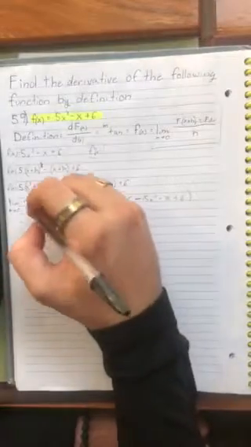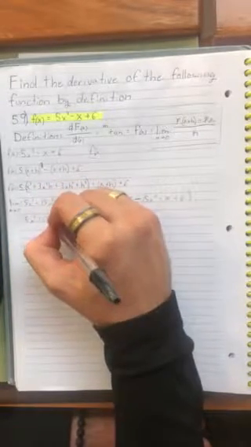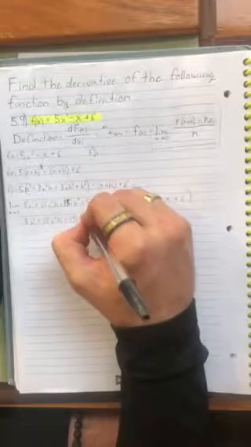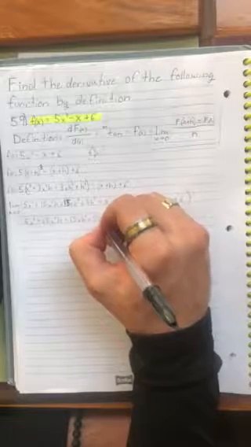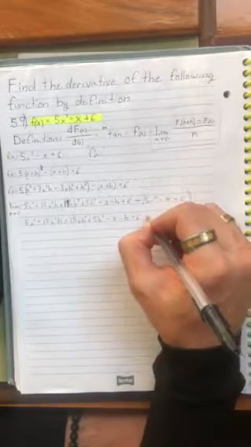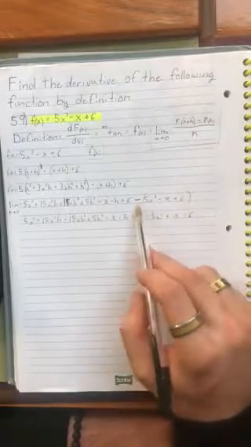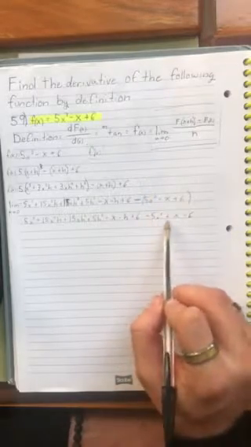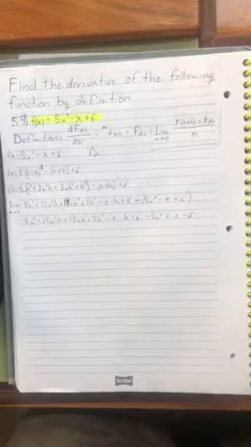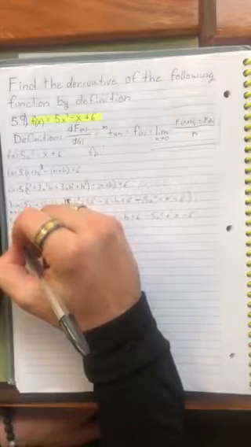So the next step is 5x cubed plus 15x squared h plus 15xh squared plus 5h cubed minus x minus h plus 6 minus 5x cubed plus x minus 6, because when you have a minus outside the parentheses, all of the signs change. And we apply the limit h equal to 0.